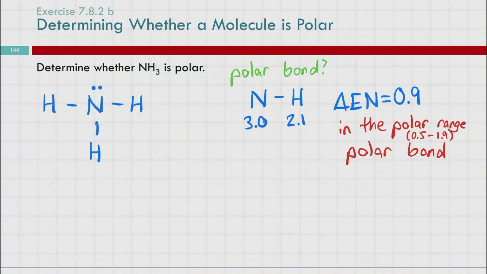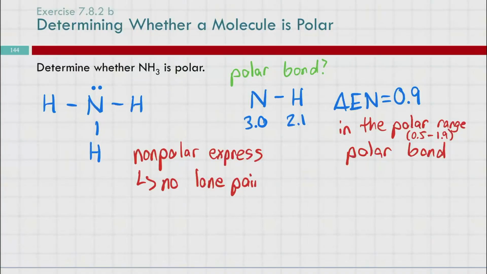So let's check our nonpolar express. Our two conditions, the first one is no lone pairs on our central atom, in this case nitrogen. Do we have no lone pairs on nitrogen?